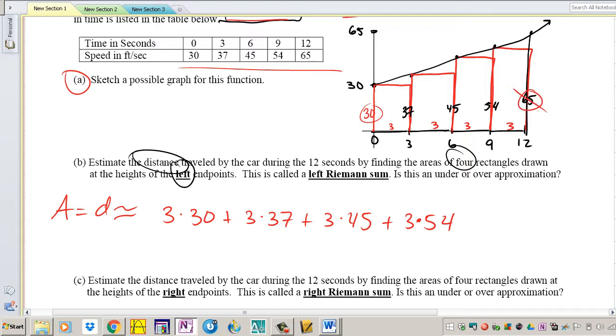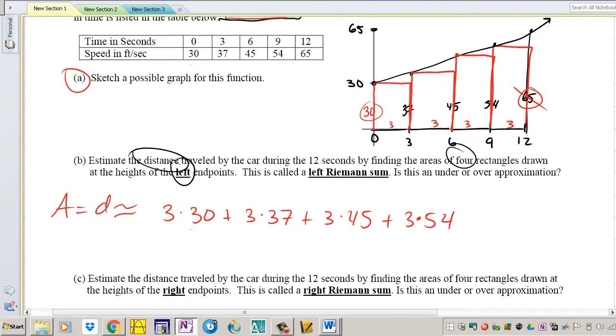We're using the left Riemann sum, so we only needed 4 heights because 30 is our first height. 30, 37, 45, 54 are our first 4 heights. So whenever you use left Riemann sum, you're only using the first points, omitting the last.